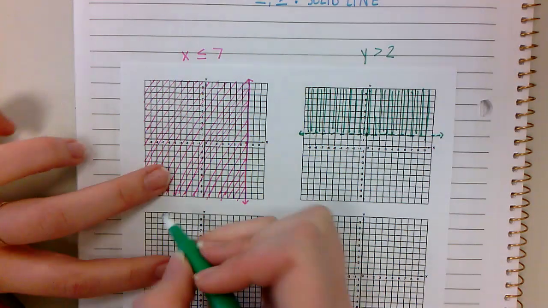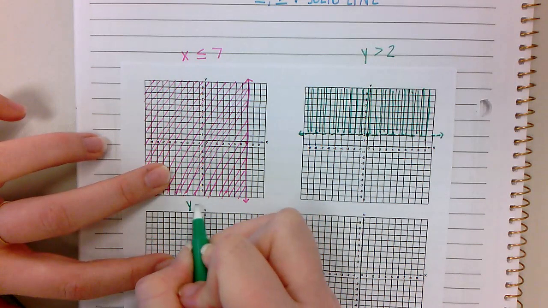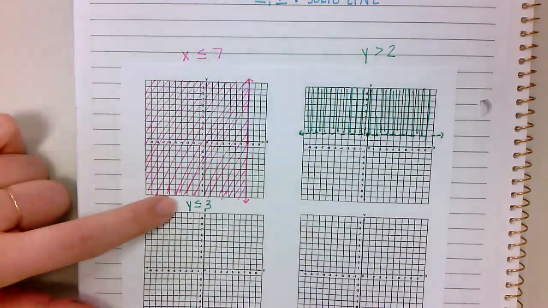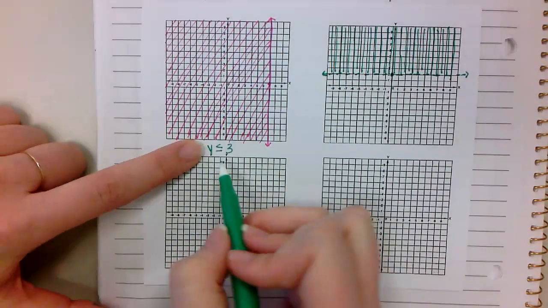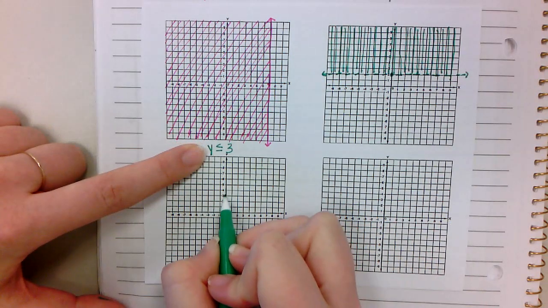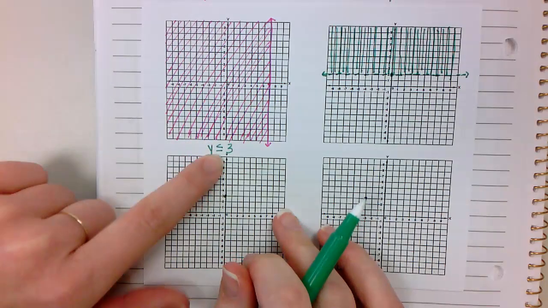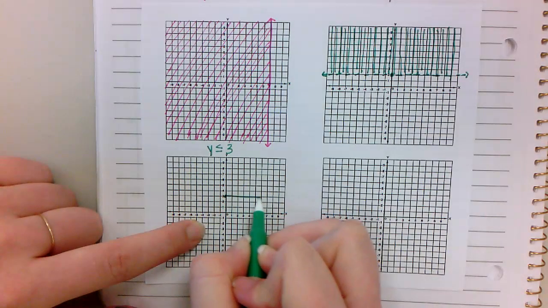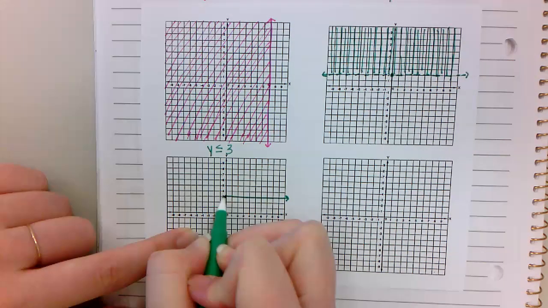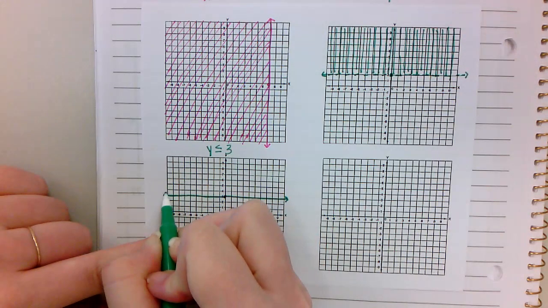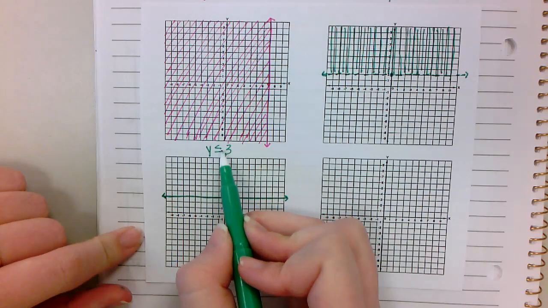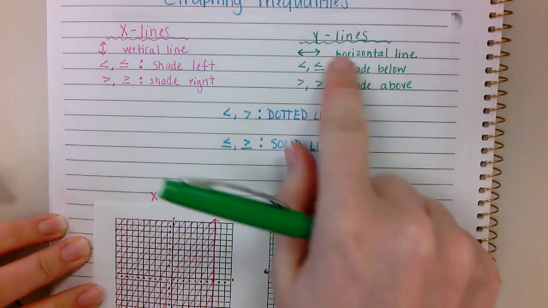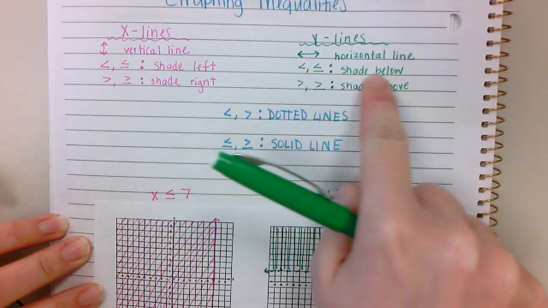Now, what if we have y is less than or equal to 3? Okay, so now for this one, we're going to go to the y-axis and find 3, which is right here. My symbol has a line underneath it, which means I do get to draw a solid line at that value. Otherwise, you would not. And then because it's less than, look up here for y values. Less than means I shade below.